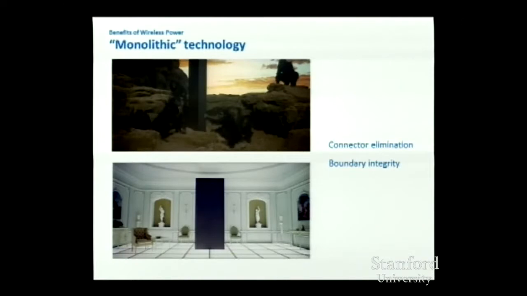Now this is one where I'm not sure I have the best description of it, but the two images you see here are images of the monolith from 2001: A Space Odyssey. So one way to think about this benefit is, imagine you have a future version of the iPhone. Here's an existing iPhone.